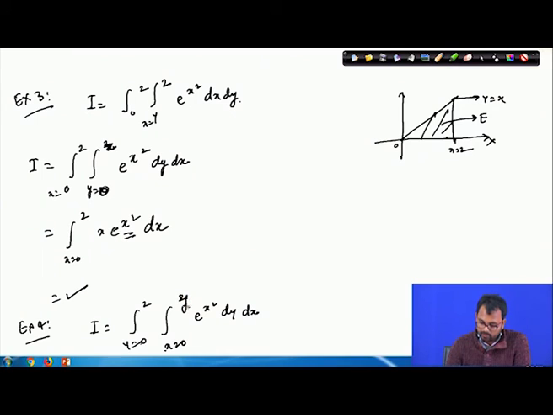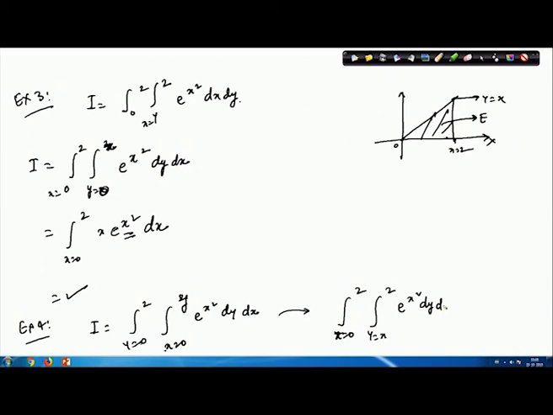then in that case if we change the order of this integral, it would convert to the integral with x running from 0 to 2, and y running from x to 2, e to the power x square dy dx, and then this will reduce to the integral from 0 to 2 of e to the power x square minus x e to the power x square dx, which is a rather complicated integral to evaluate compared to this one.